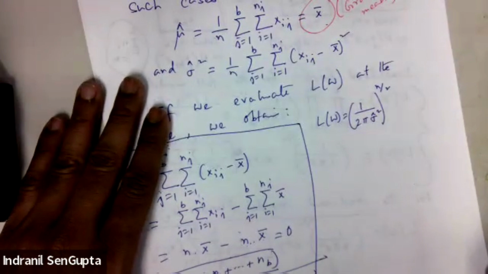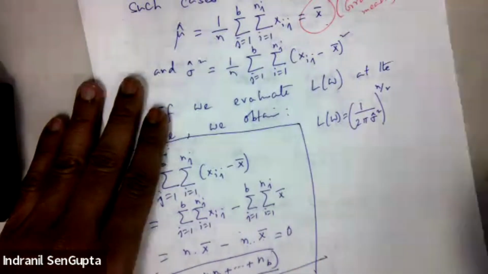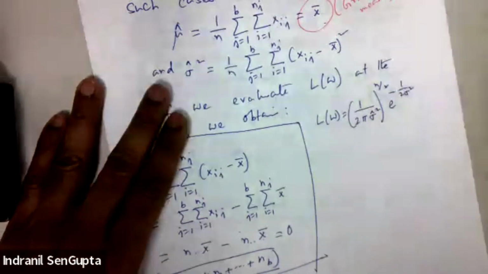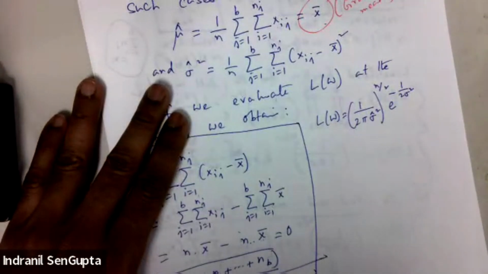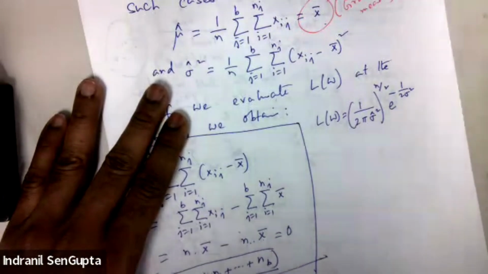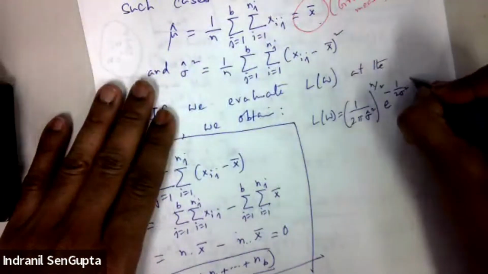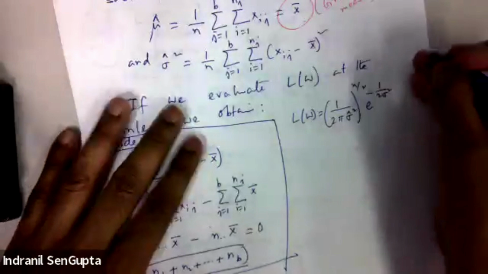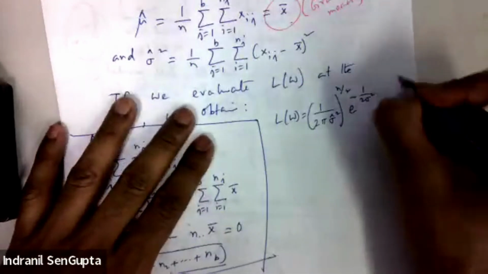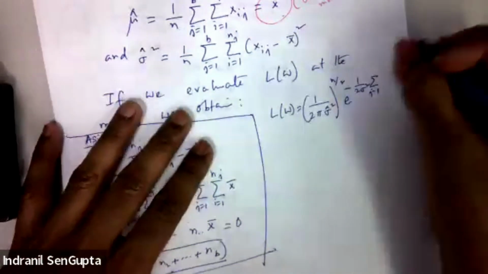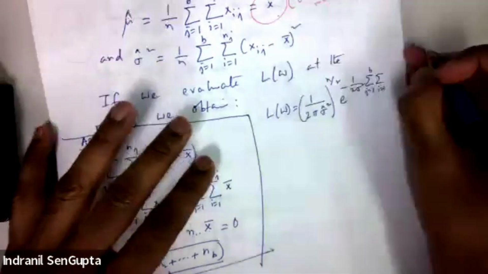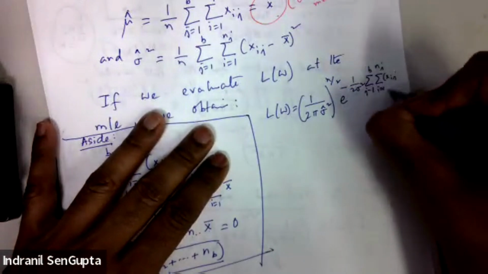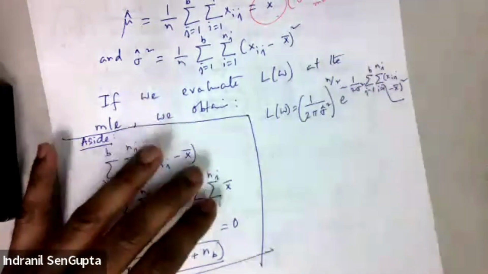And then the exponential term is e to the minus 1 over 2 sigma hat squared, times the double summation, j from 1 to b, i from 1 to n sub j, of x_ij minus x bar squared, right?